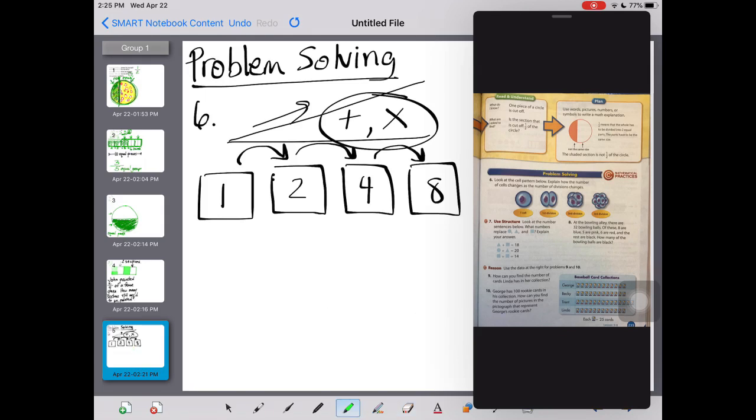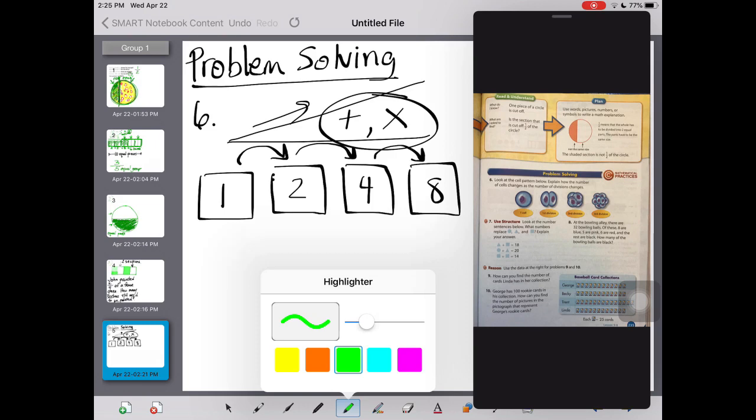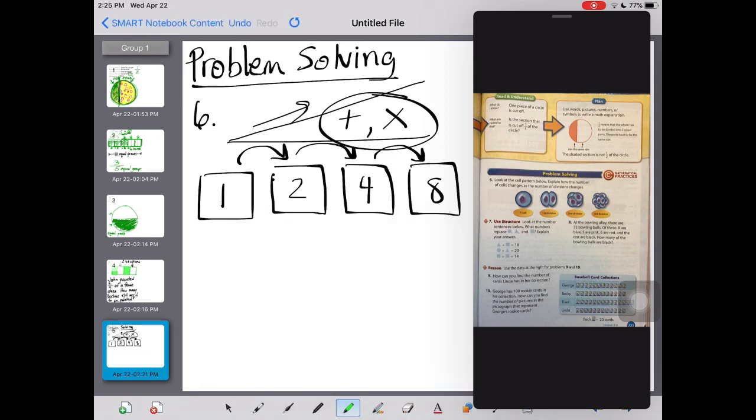So, with multiplication, what do I have to multiply 1 by to get to 2? Well, I have to multiply by 2, right? 1 times 2 equals 2. All right, so now I have 2.